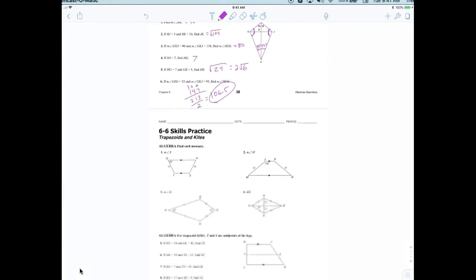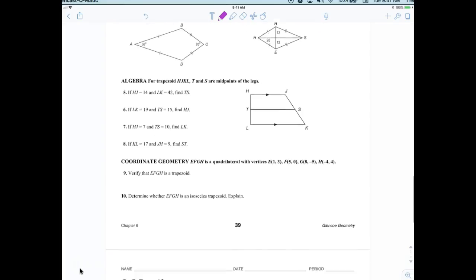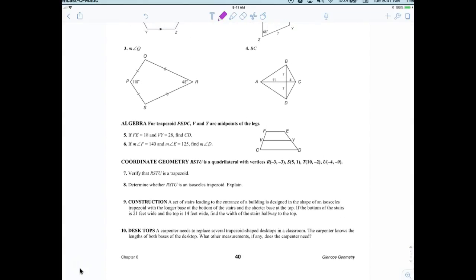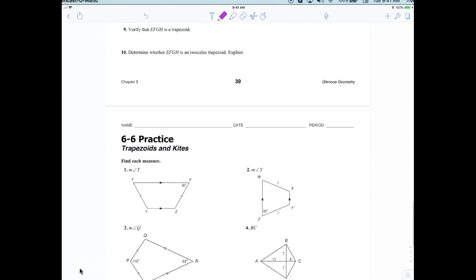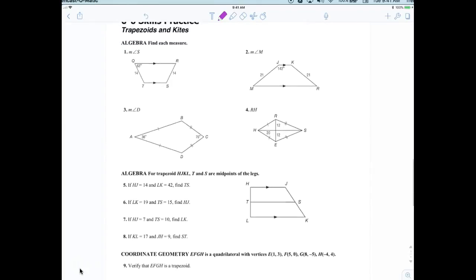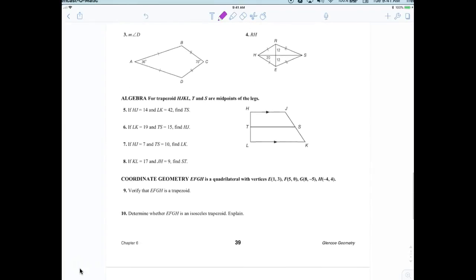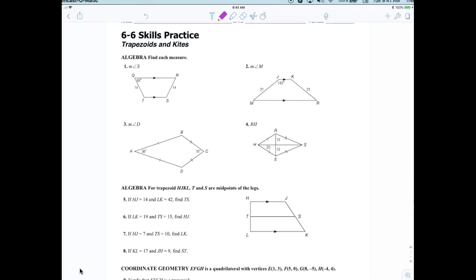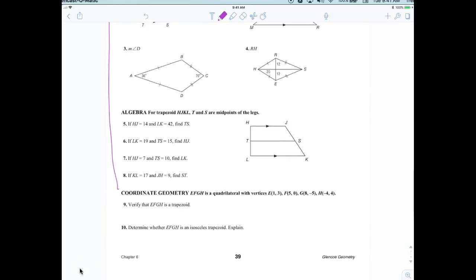All right, now how much time do we have? I think like 10 minutes. Okay, so listen. Here is the only thing I want to do, because I don't see a lot of the verifies, which is good for me. So let's do 6.6. Everybody listen up. I want you to do 1 through 10.